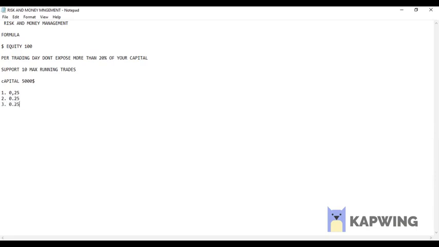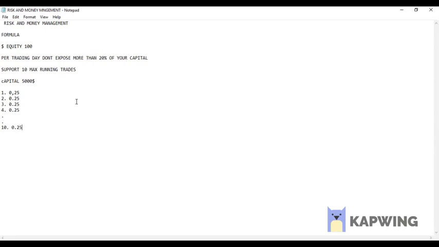You can actually have multiple trades running with 0.25, just like that, until the 10th trade.